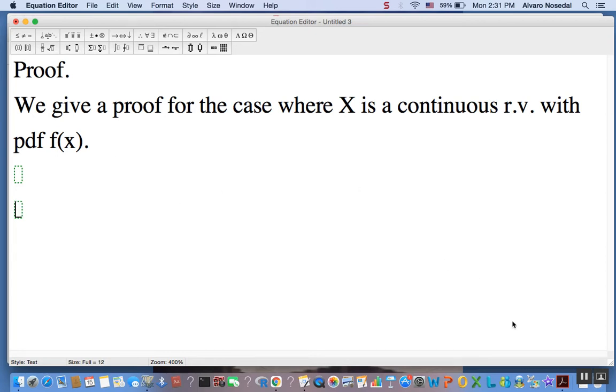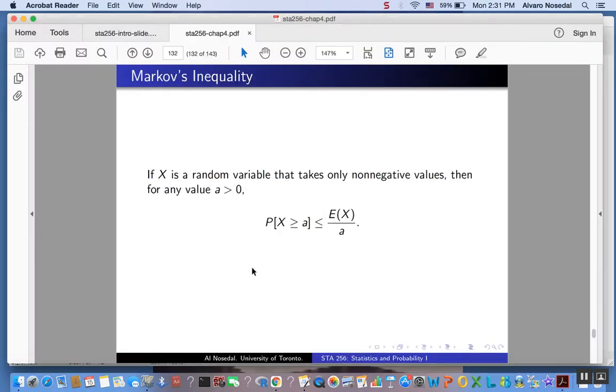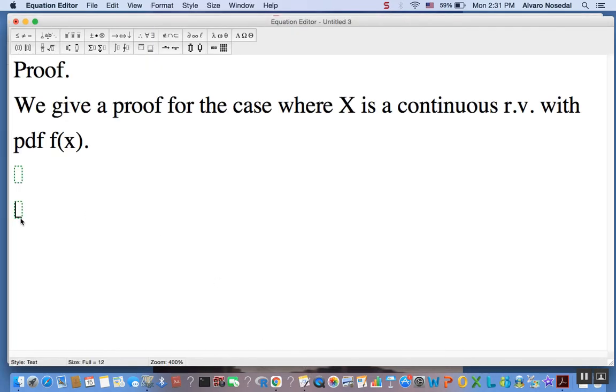First, let me go back for a second to the expression of the inequality. So we're going to start with the expected value of X here. By definition, in this case we have a continuous random variable with a PDF.